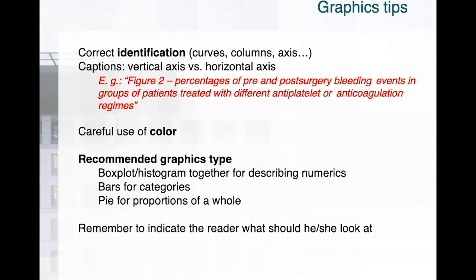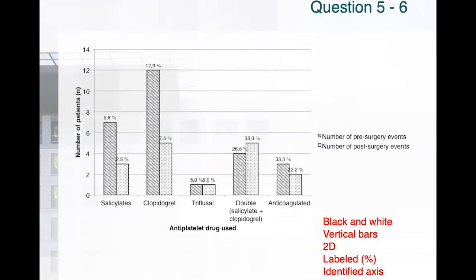You are completely familiar with this, but there are 3 very important things that you must take into account when elaborating graphics. The first one is correctly identifying each of the axes of the graphic. Why? Look at this graphic here. We have some percentages comparing 2 different time moments.